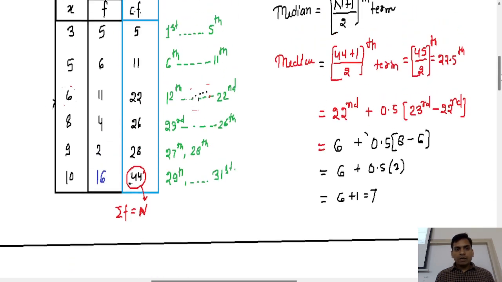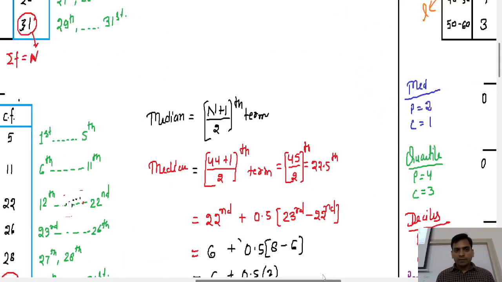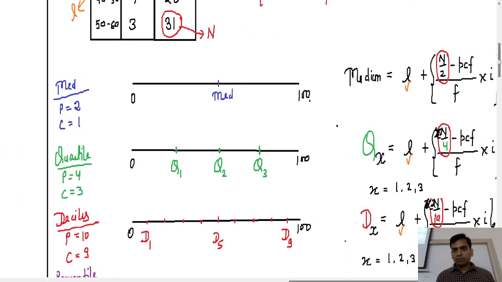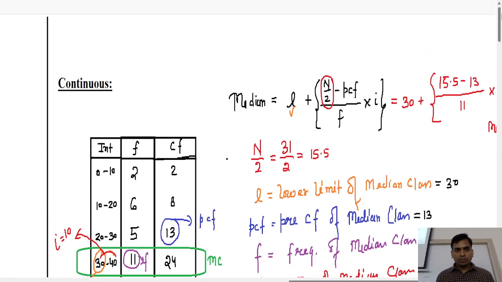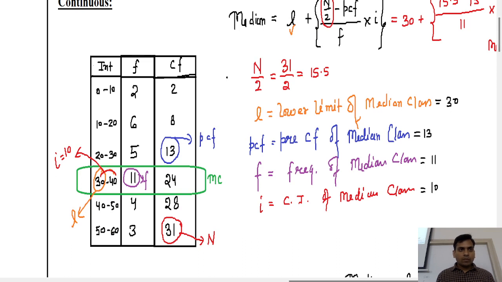So we are taking the same example of the previous class again. I am also completing this table to clear confusion in median and quartile class.